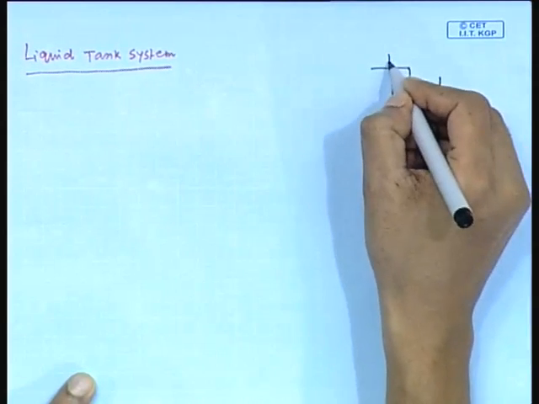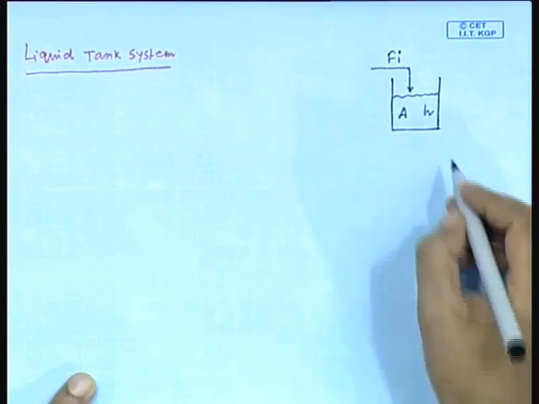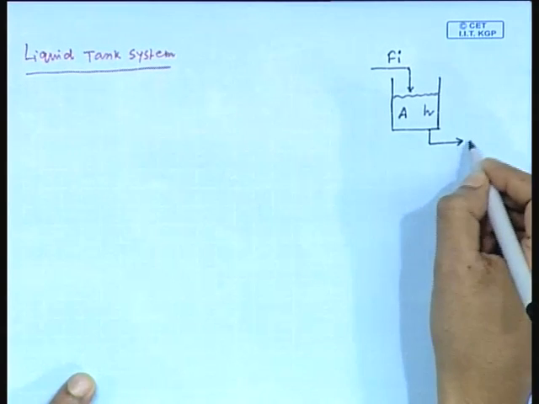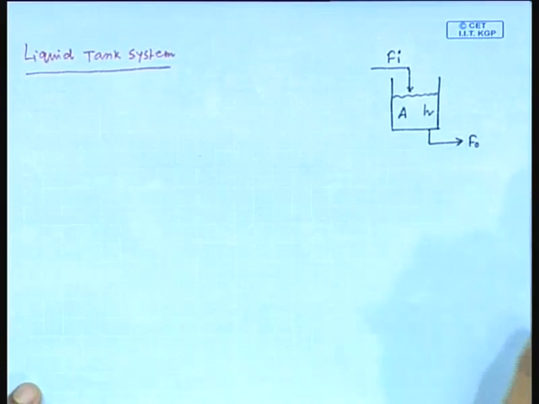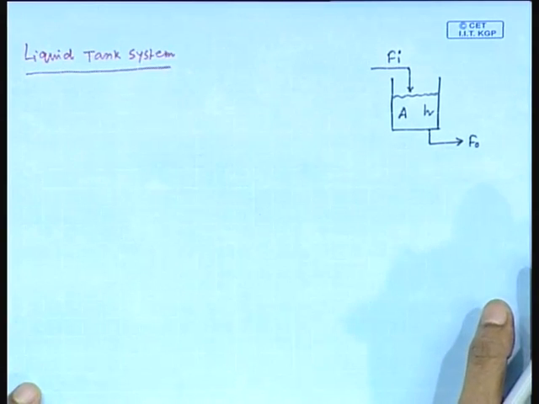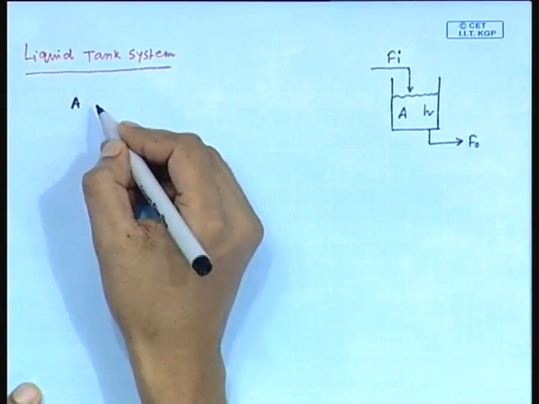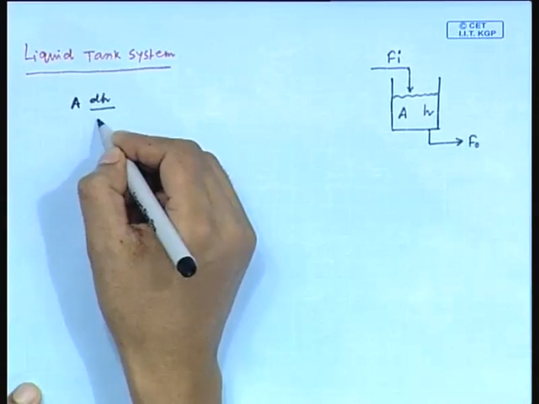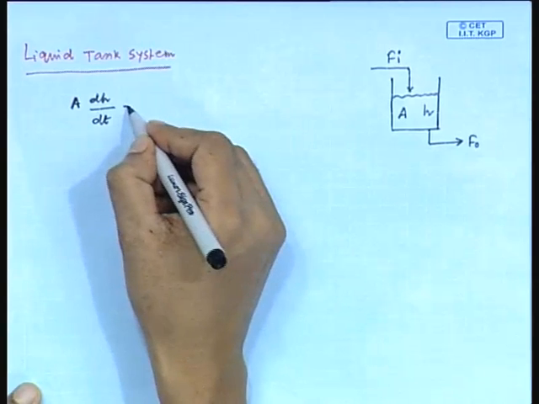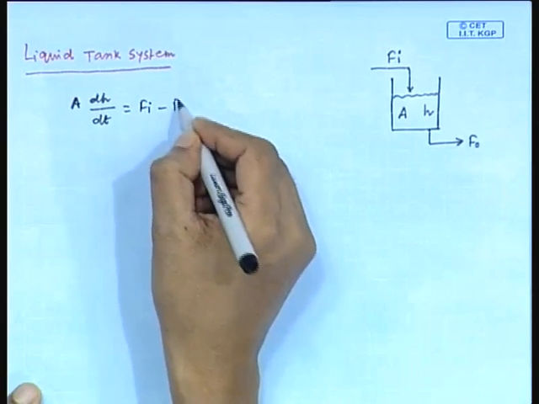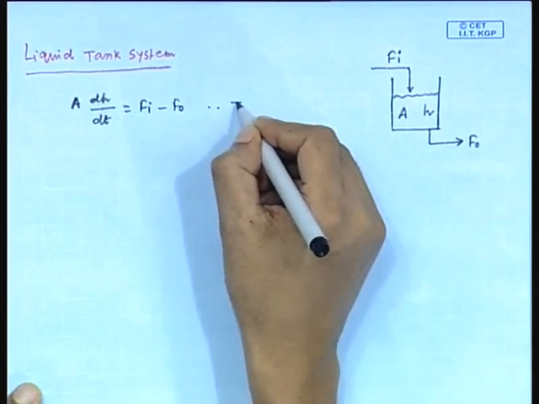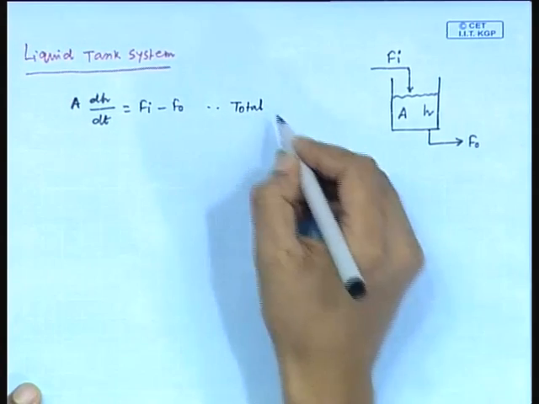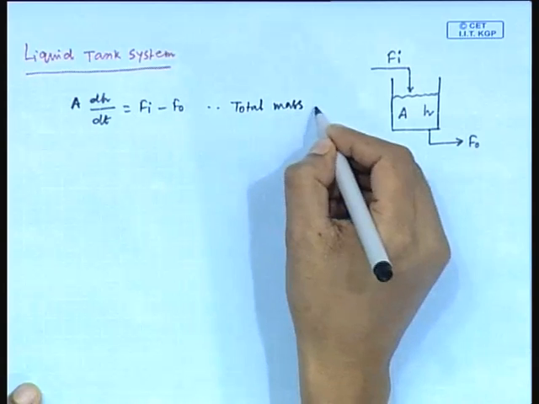Input flow rate is Fi and outlet flow rate is F0. We have derived earlier the modeling equation for this system. The modeling equation is A dH dt equal to Fi minus F0. This equation we can derive based on total mass balance.